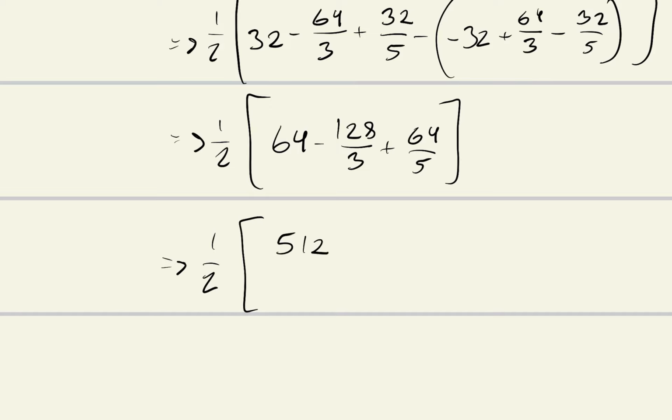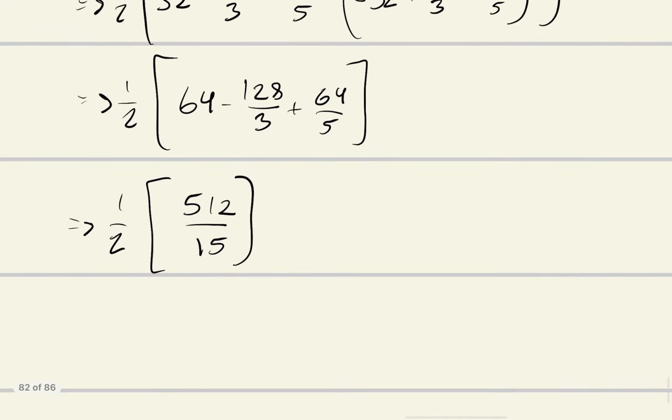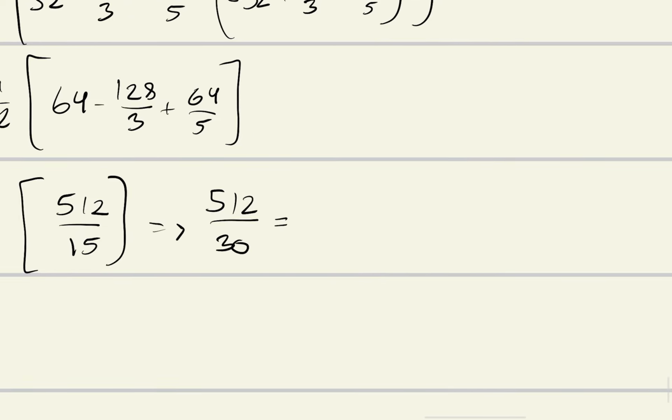This would be 512 over 15. That would be equal to 512 over 30, which can be simplified one more time for 256 over 15.